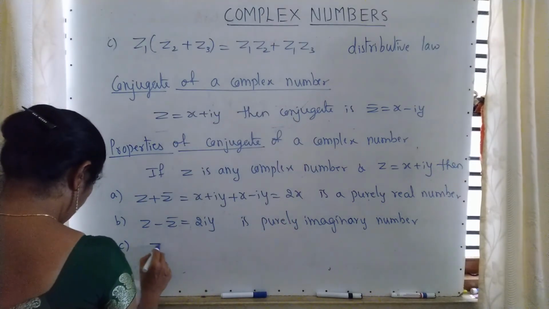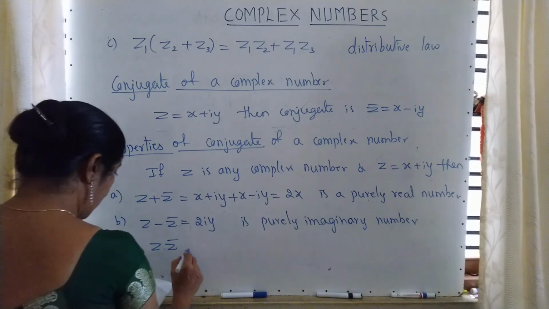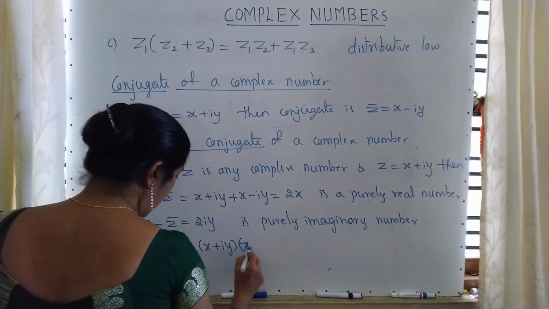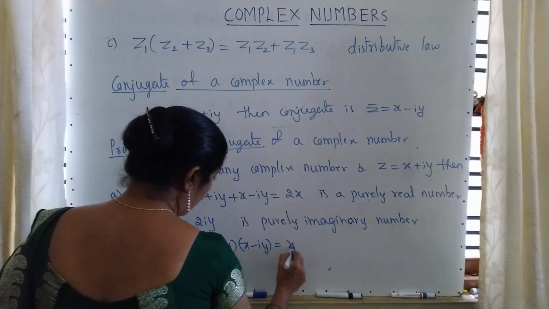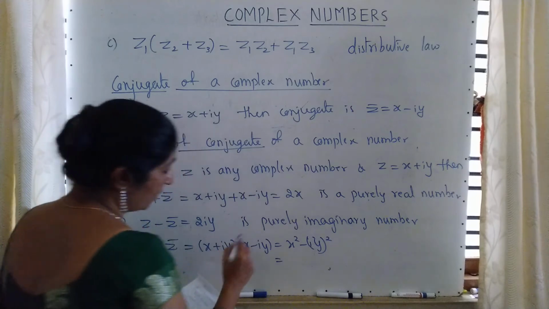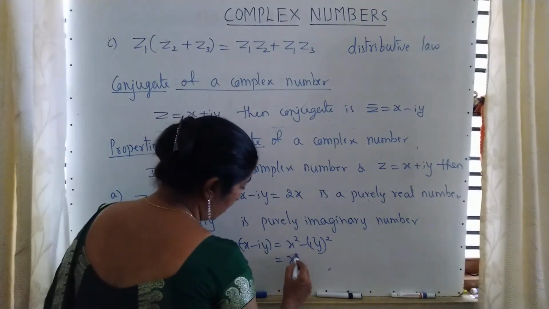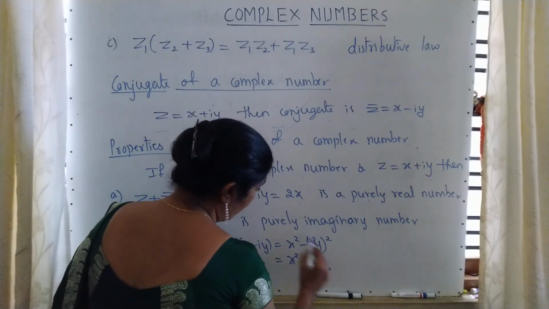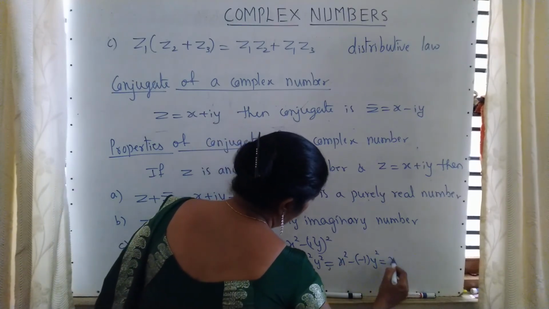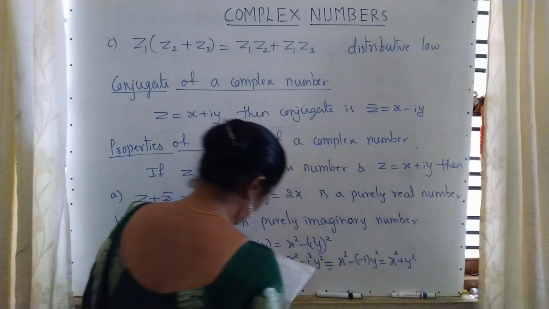Third one, z into z bar. See, x plus iy into x minus iy. It is in the form of a square minus b square. That is a plus b, a minus b, a square minus b square. i square is what? i square is minus 1. So you will get x square plus y square.